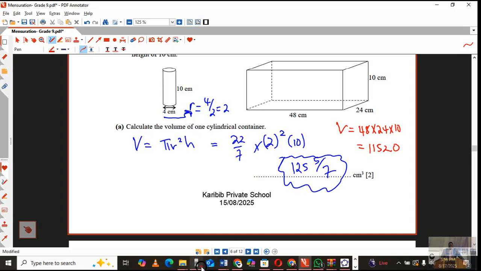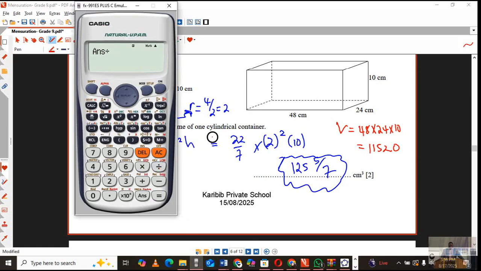So if I was to take that and divide it with the volume of one cylindrical container, which I'm just going to go back and calculate as 22 over 7, just because it was a recurring decimal, times 40. When I divide that, that is going to tell me exactly, okay, you see, I have got about 91, because the volume of one cylindrical container is about 91.6 and so on. So effectively, we need to be able to fit in 91 of them in there.